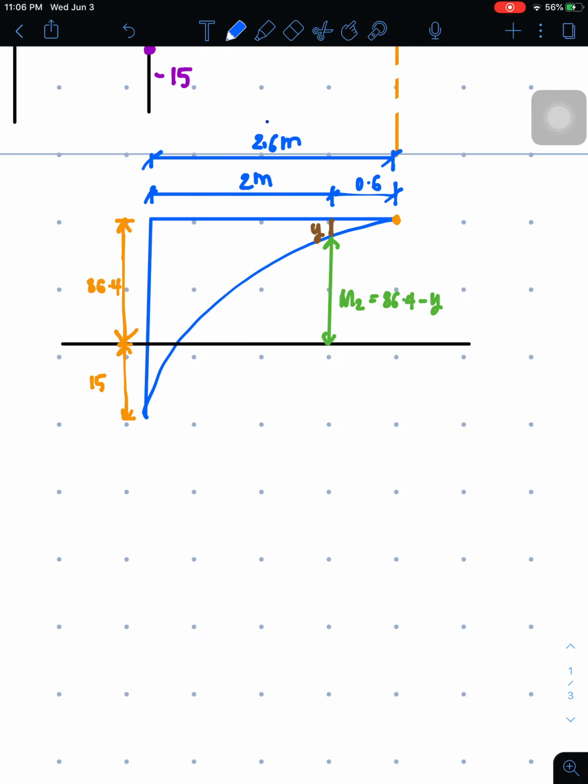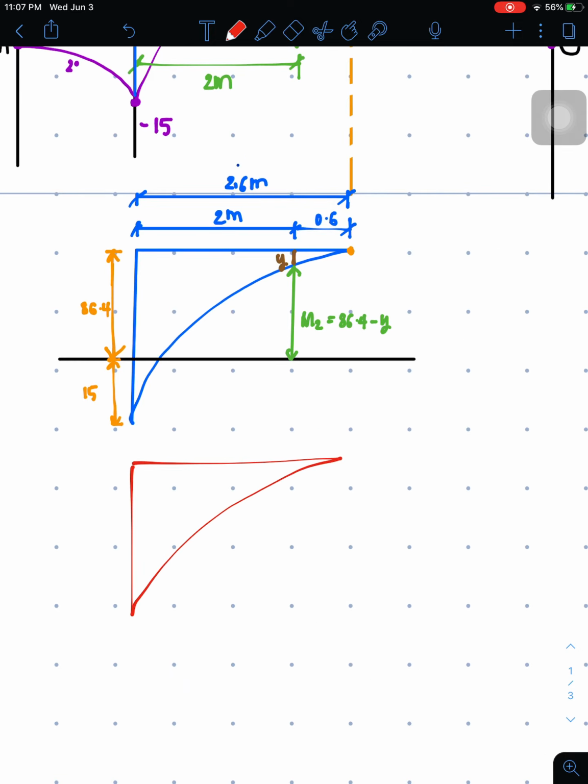If you look at the figure, we compare this big spandrel and this smaller spandrel.